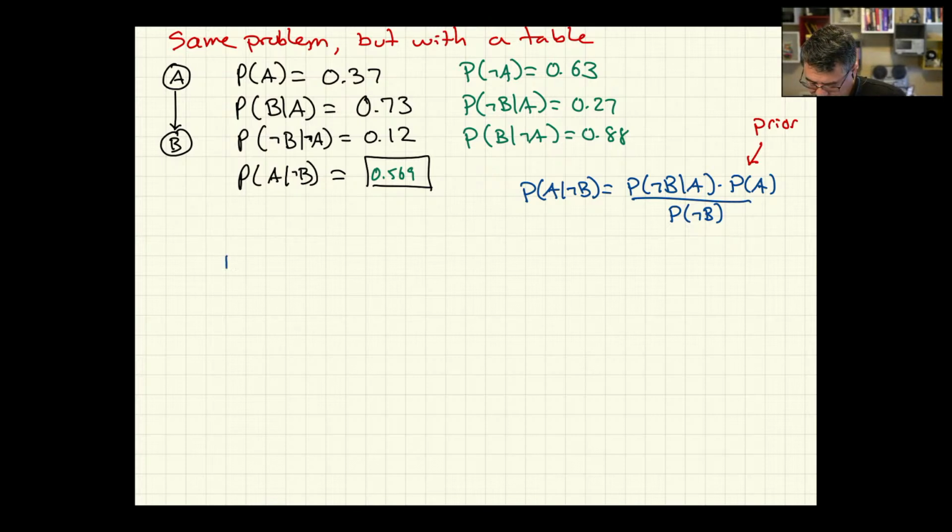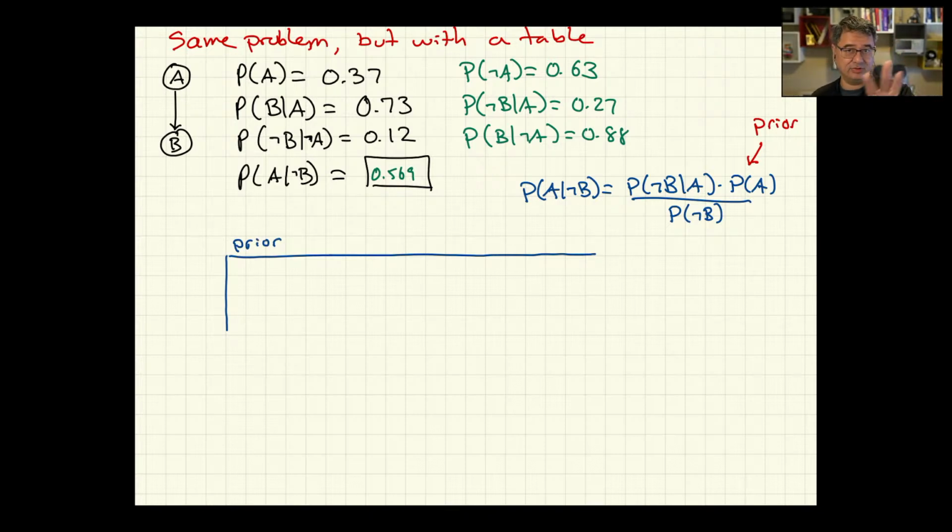So I'm going to do it like this. I'm going to label my columns. The first column will be labeled prior. And then down the left-hand side, I'm going to put that variable that's the prior, A and not A. And then in the next column, I'm going to put my dependent variable, the one that I'm trying to calculate.